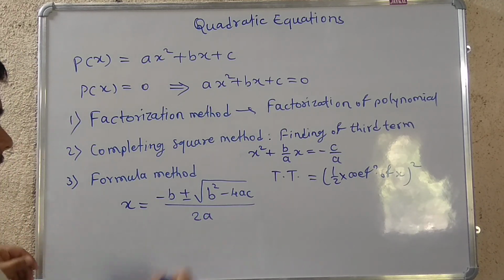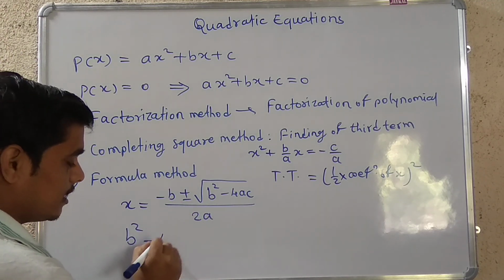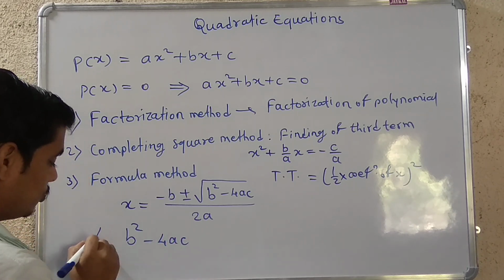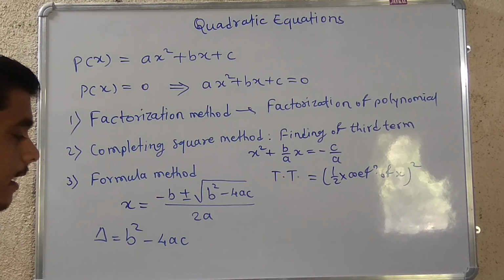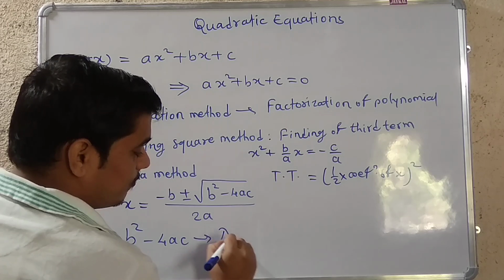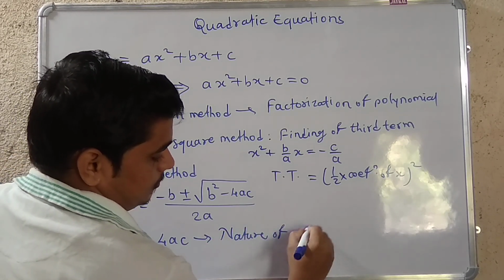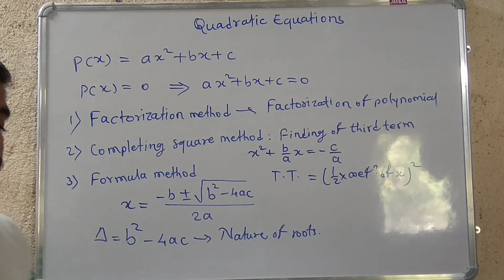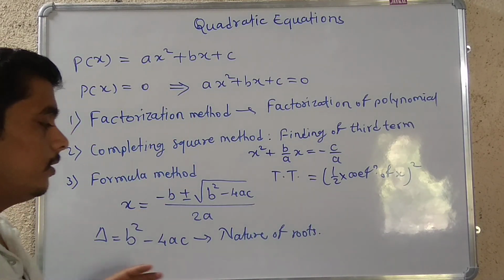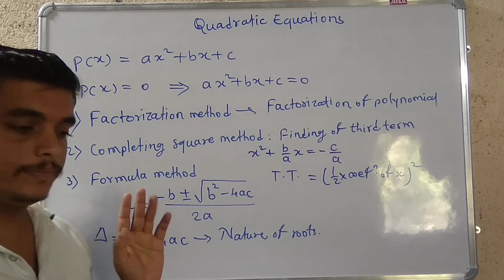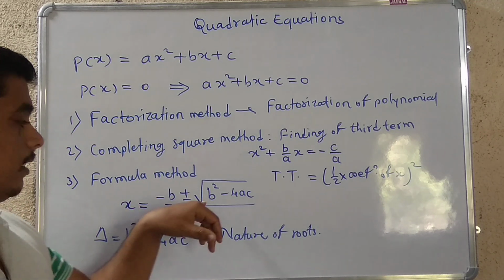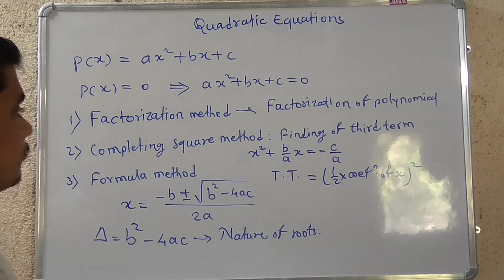The value b square minus 4ac is also known as the discriminant delta, and it decides the nature of roots, whether they are complex or real, equal or unequal. So this is decided by the value inside the square root.